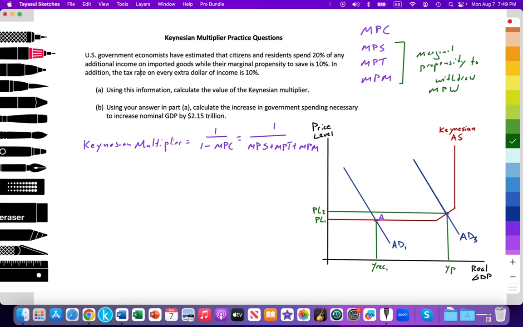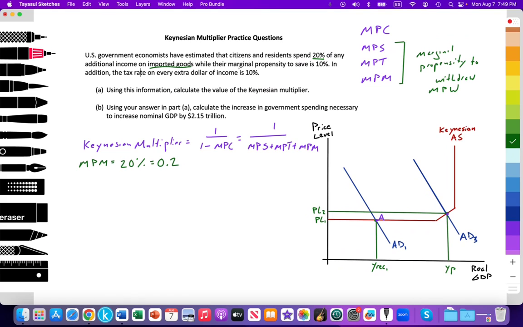Let's highlight the data that they're giving us. Residents spend 20% of any additional income on imported goods, so the marginal propensity to import is 20% of any additional income, or the decimal value of 0.2.